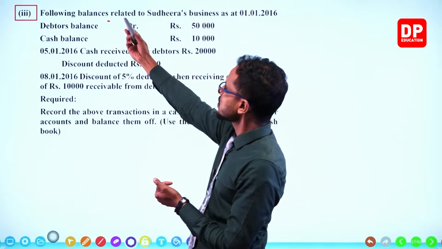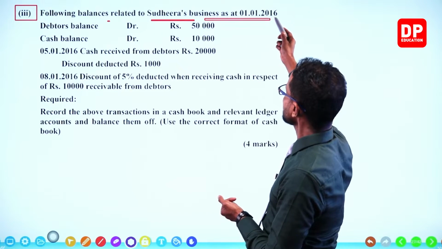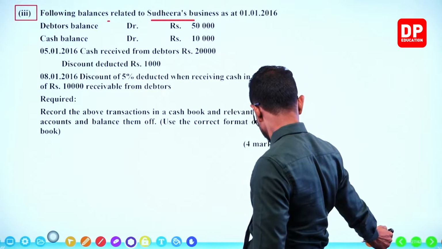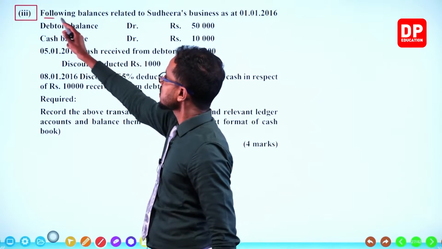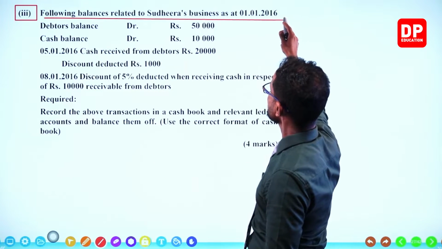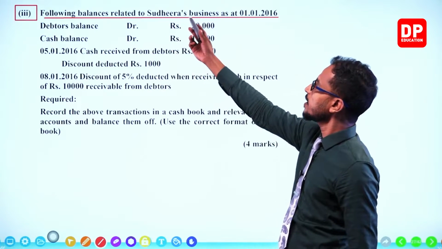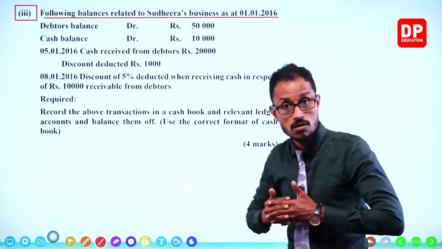Following balances related to Sudhira's business as at 1st January 2016, the beginning of the year.